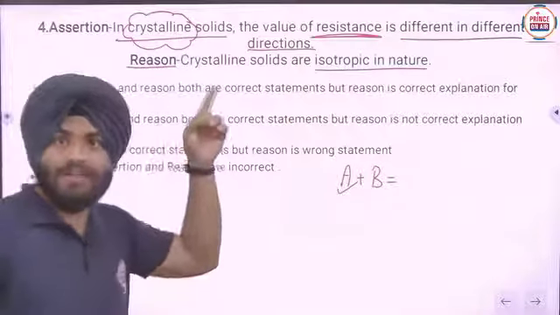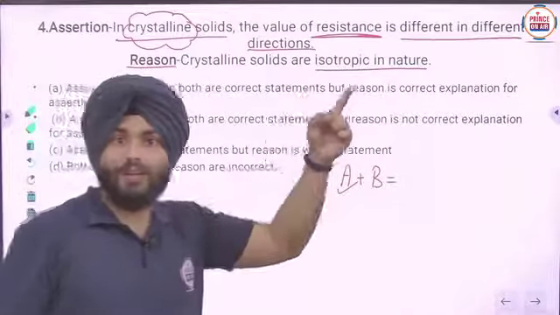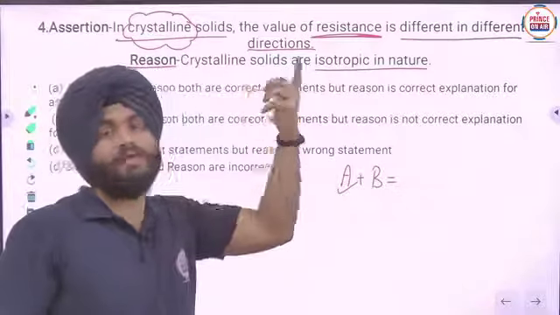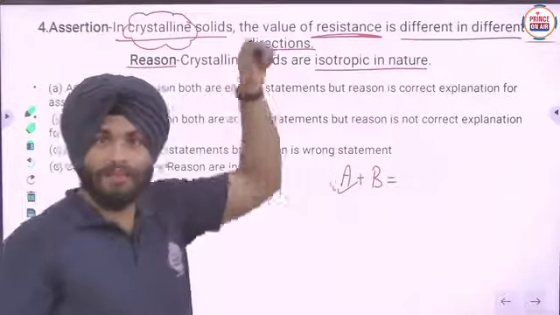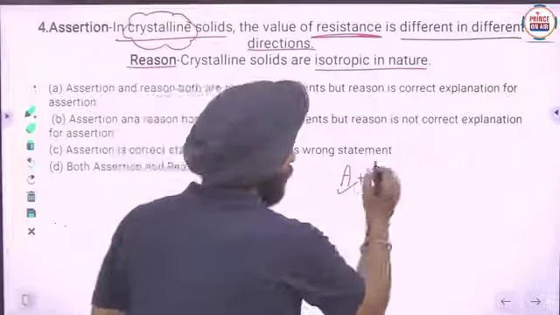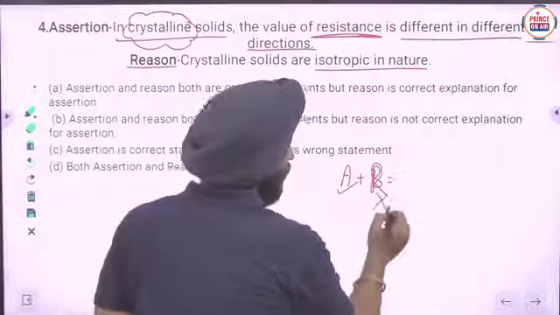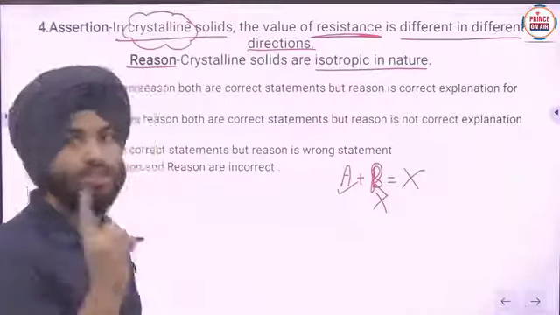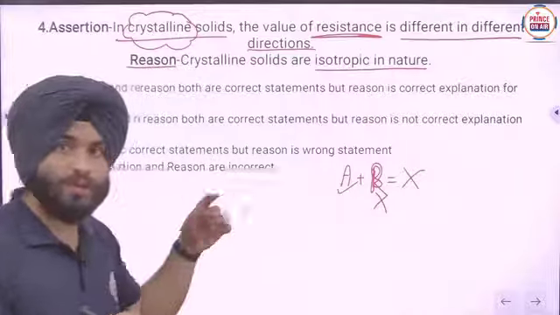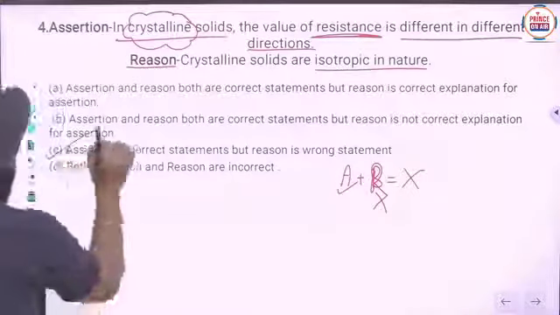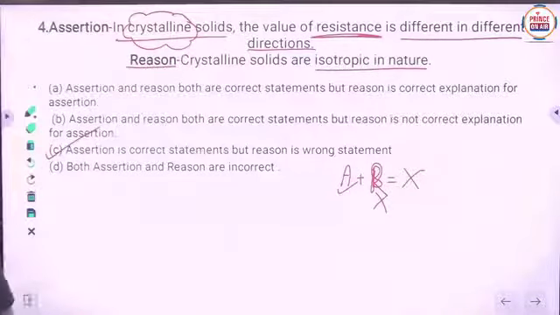If the reason had said anisotropic in nature, then the reason would be correct and the relation would be there. But here the reason is incorrect. The option in which we get only one correct is option C. So the answer will be option C here.